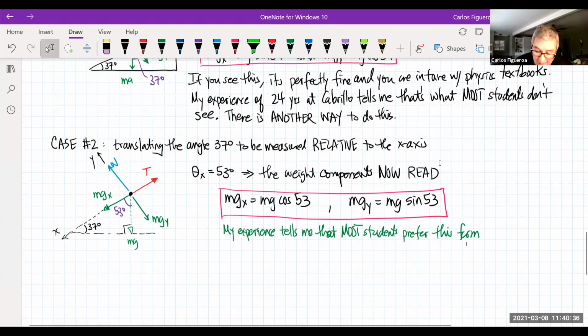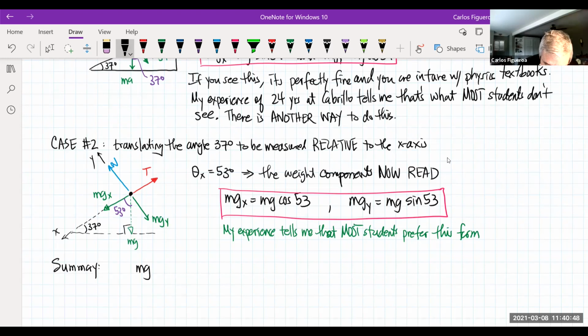Okay, so if I do that, here's what you're going to find. In summary, I can write mgx two different ways. I can write mgx either as mg sine of 37, or I could write mg cosine of 53.